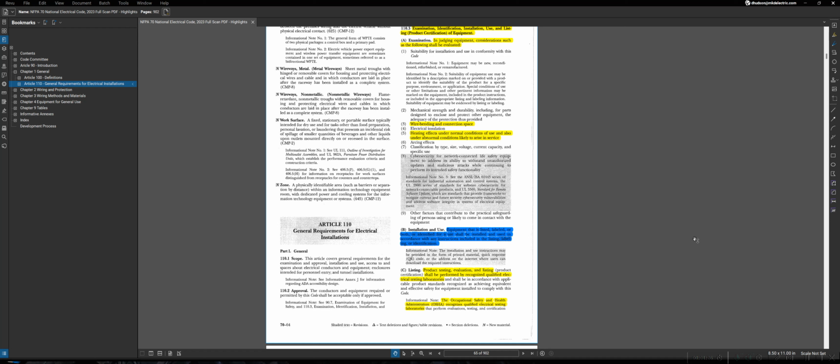The first one, which we'll be covering in this lecture, is essentially general ideas to keep in mind when installing electrical equipment, such as things like following the instructions or looking at what the equipment rating is, things of that nature. The next bucket is general markings, labels, and warnings that are required for all equipment.